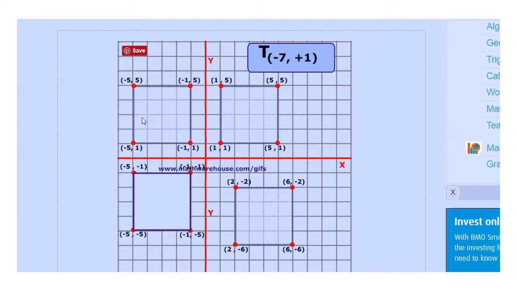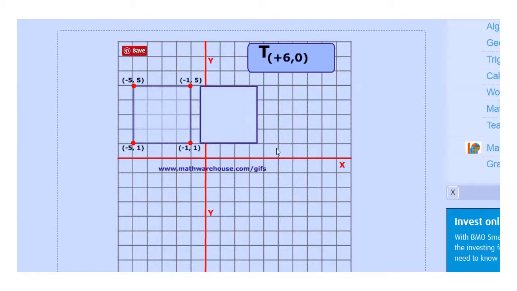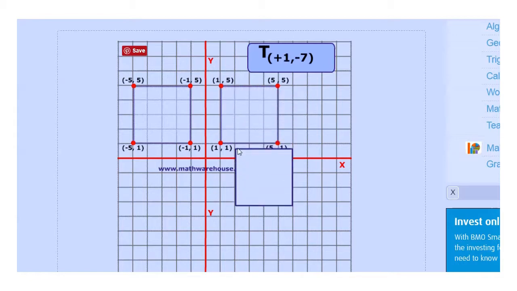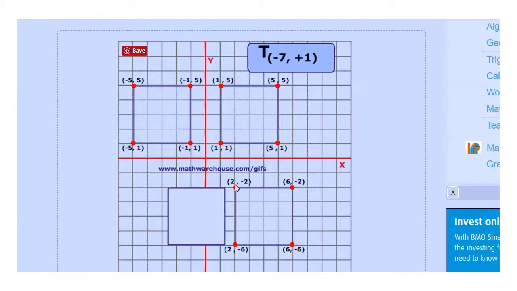So this shape was translated 6 spaces to the right, and then once it arrived there, they called it the image, and they took that image and they moved it over and down. So it was translated 1 more space to the right and however many spaces down. 1, 2, 3, 4, 5, 6, 7, 7 spaces down.